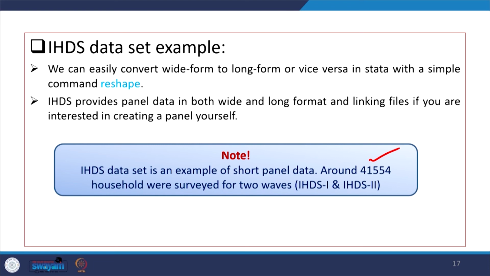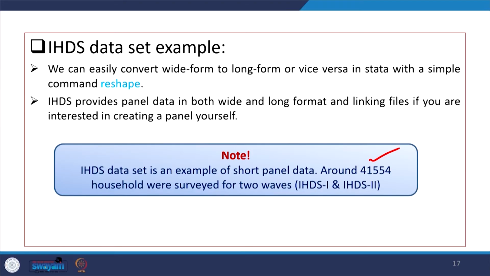Where the number of cross sections or time dimensions is much higher, we can flip it through the reshape command. IHDS provides panel data in both wide and long format and linking files. If you are interested in creating a panel yourself, this is going to help you.